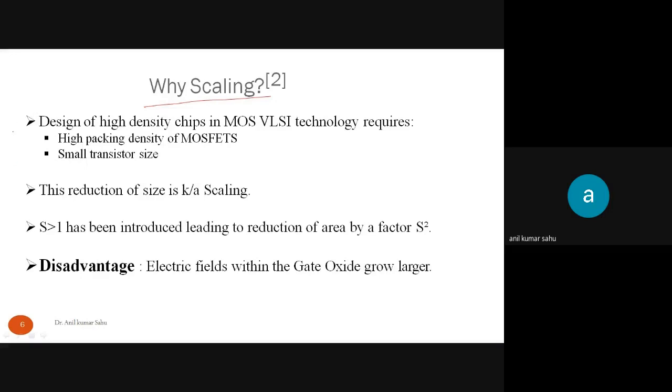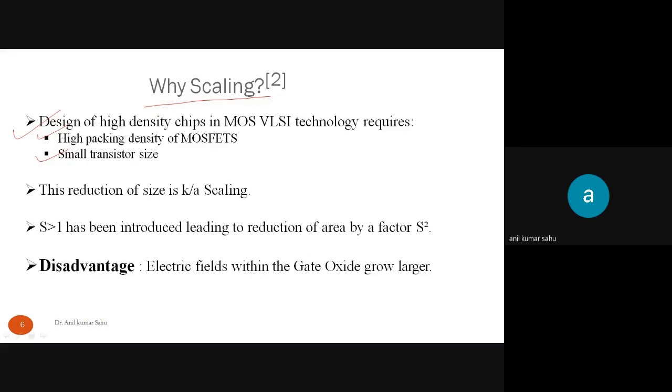Why is scaling required? Because the design of a high density chip in MOSFET technology requires high packaging density of the MOSFET and a smaller transistor size. This is the main reason scaling is required.